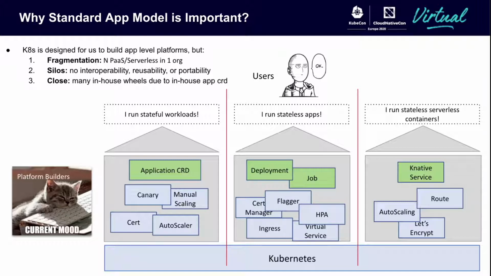But as platform builders, we have to implement this Let's Encrypt functionality in every different platform again and again, since every different platform speaks different languages, different APIs. So essentially, the platform builders are creating more fragmentation today, more silos, and more closed systems with a lot of in-house CRDs. This doesn't feel good.